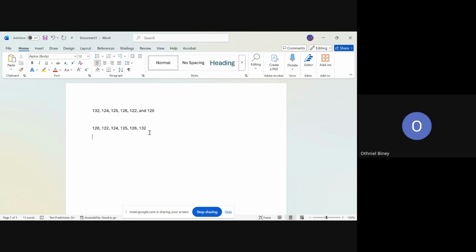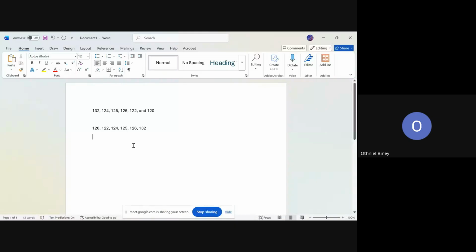On a normal day, I would just assume 132 is the odd number, because these numbers, 120 to 126, are close together, so 132 should be rejected.